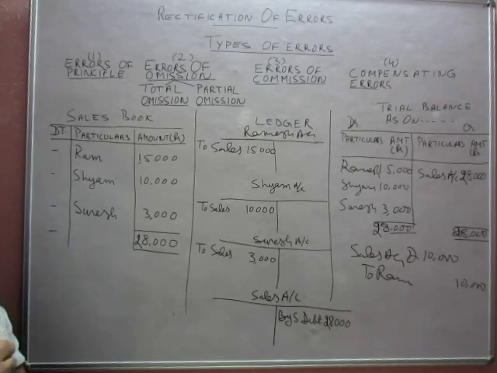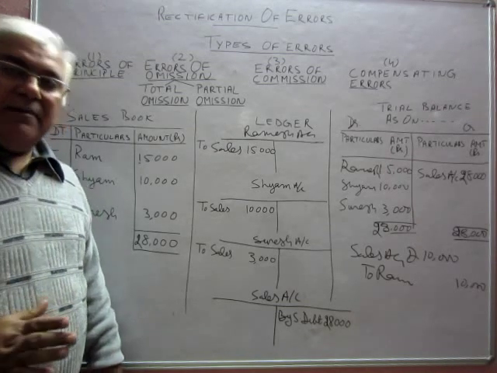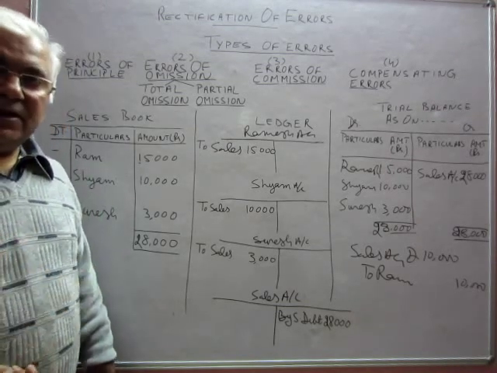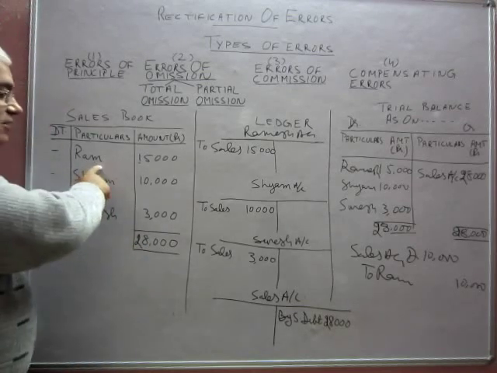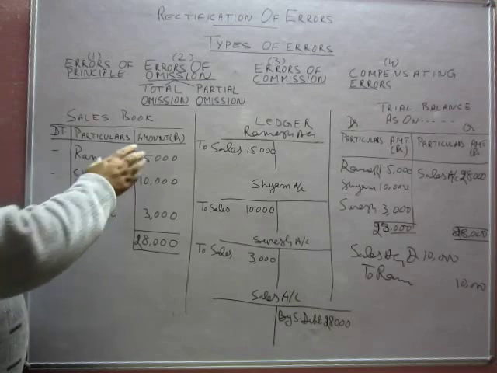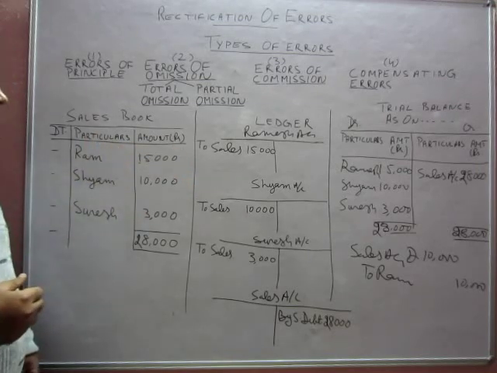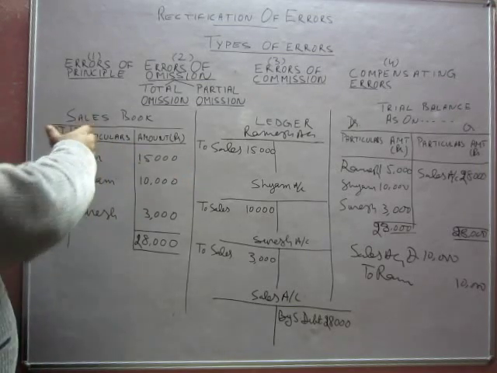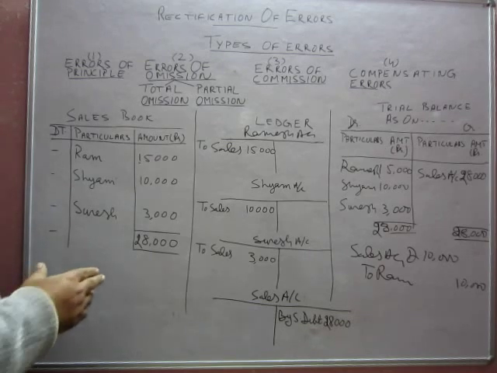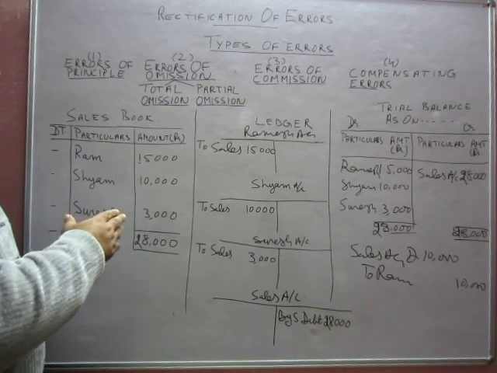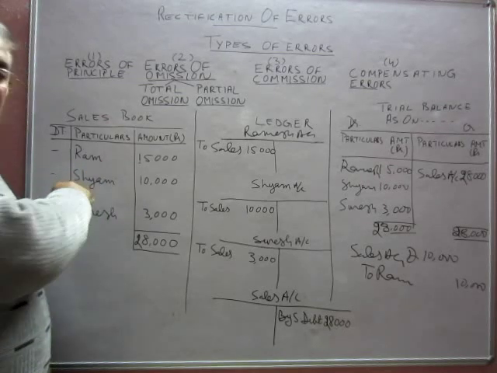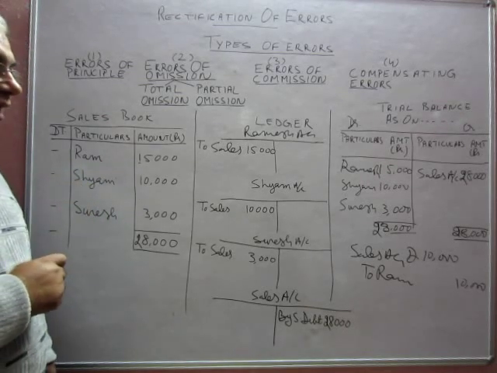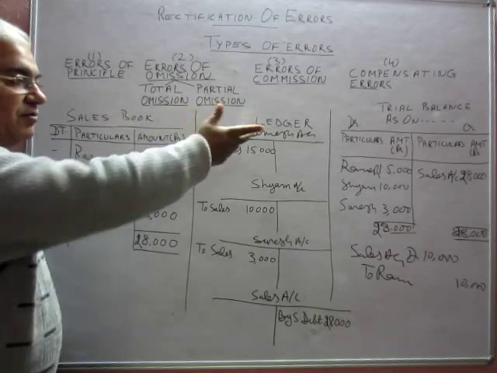But it is still tallying. Now, how will we rectify this? Wrongly, Ramesh's account has been debited. Naturally, that person should be credited. And Ram, who is the real purchaser of goods, should be debited. I'm sorry, actually this is the sales book, so Ram should be debited, and the person who has been wrongly debited should be credited.